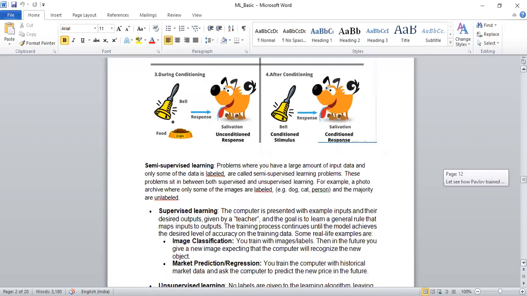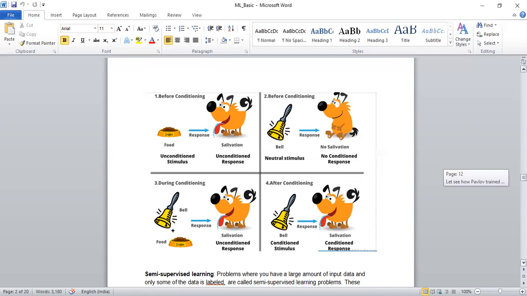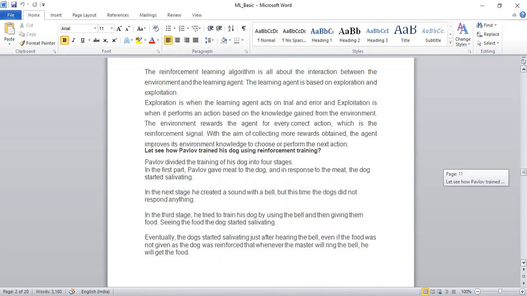So this is your reinforcement learning, because here the environment rewards the agent for every correct action, which is the reinforcement signal.